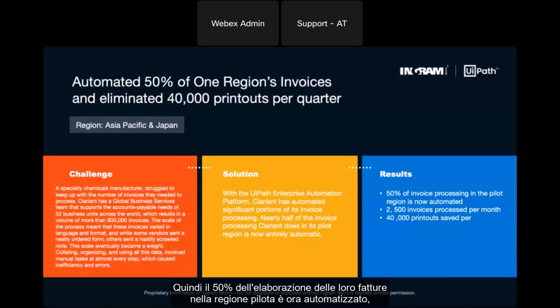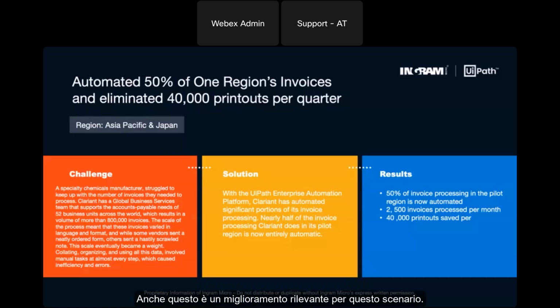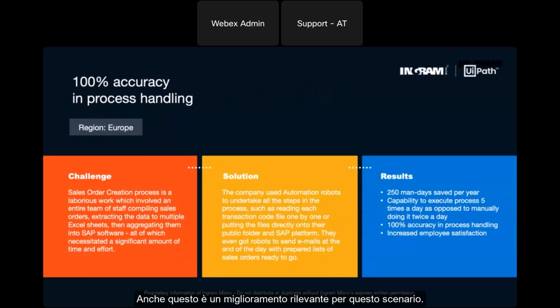So they have 50% of invoice processing in the pilot region now automated, because this customer began with this pilot scenario, and then 2,500 invoices processed per month, and 40,000 printouts saved per month. So this is also a relevant improvement for this scenario.